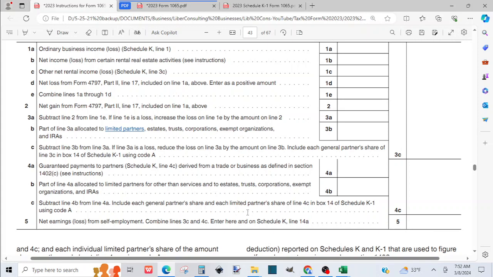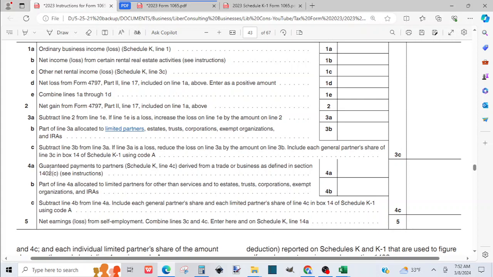And you can see there, include each general partner share and each limited partner share of line C in box 14 Schedule K-1 using code A. So subtract line 4B from line 4A.